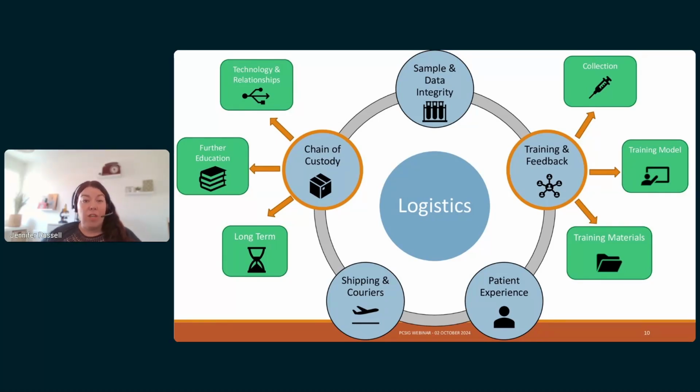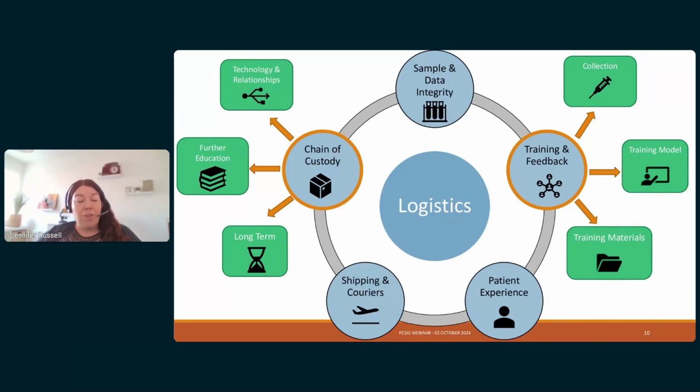So how do we train the sites and enable the patients to recognise a successful collection? Some of the other challenges that we discussed were around sample and data integrity. So having global solutions available to account for the various temperatures and shipping times that we face across the globe.